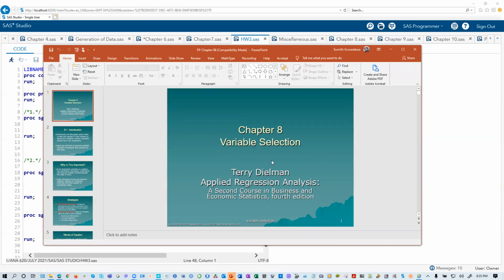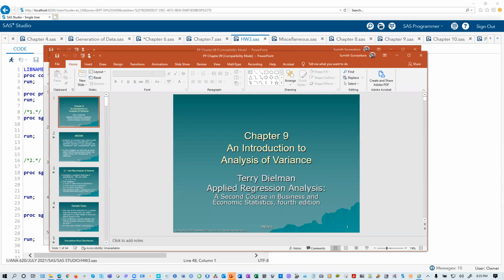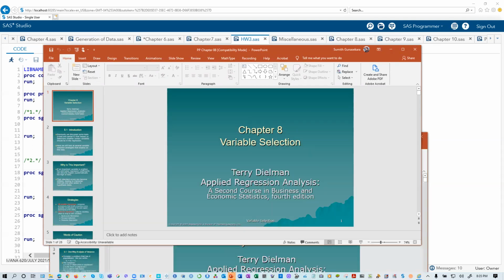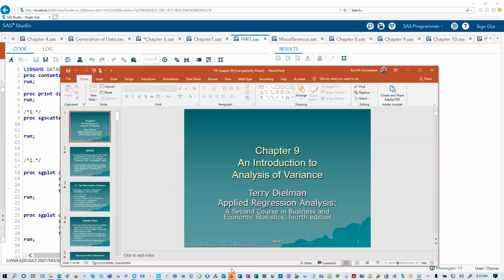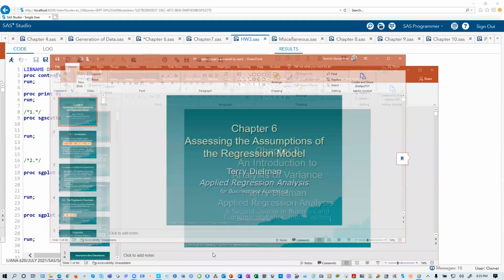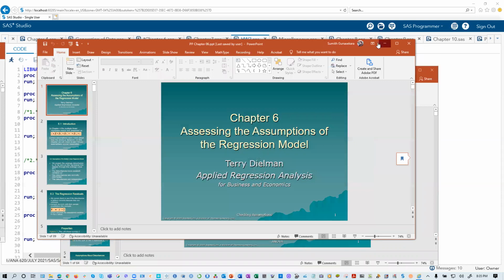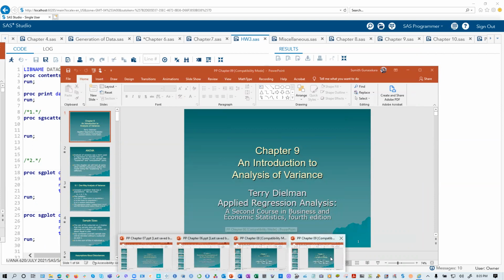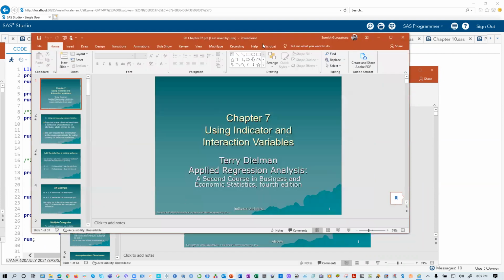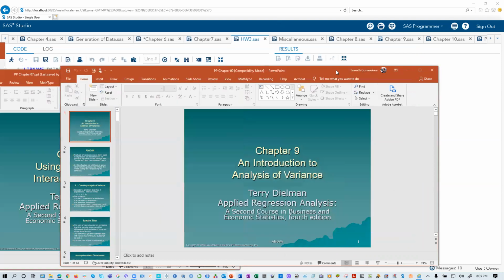In chapter 9, we're going to get back to the analysis of variance again, which we pretty much are going to cover in chapter 7. That's the same thing. In chapter 7, we have an indicator variable. They both have pretty much the same setup.